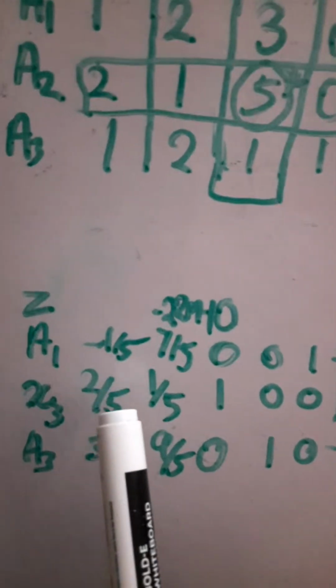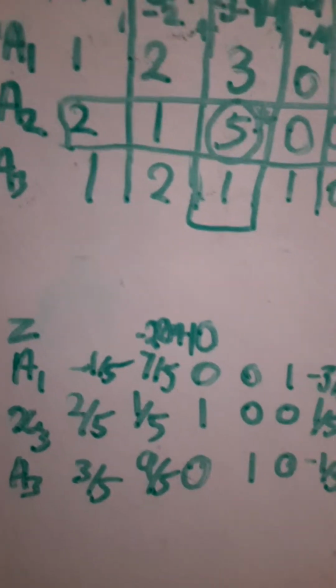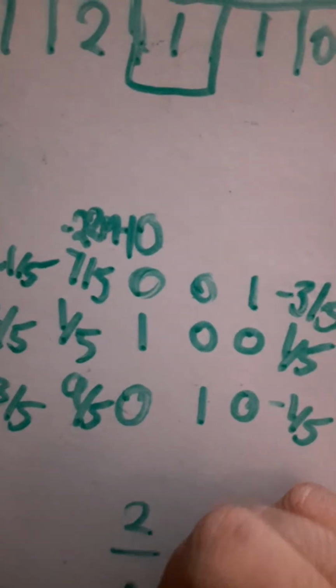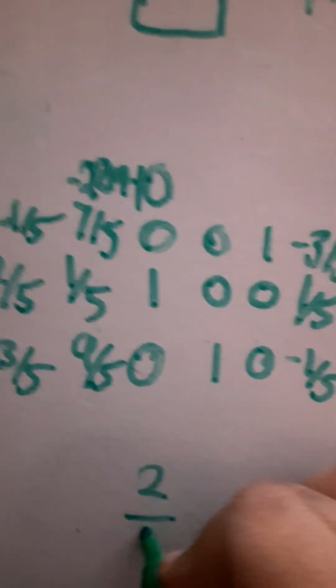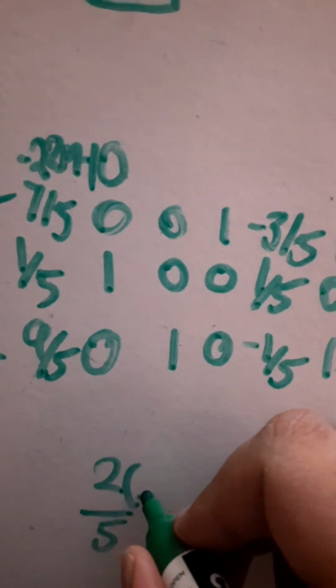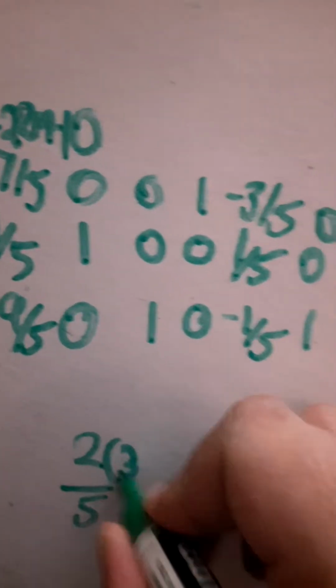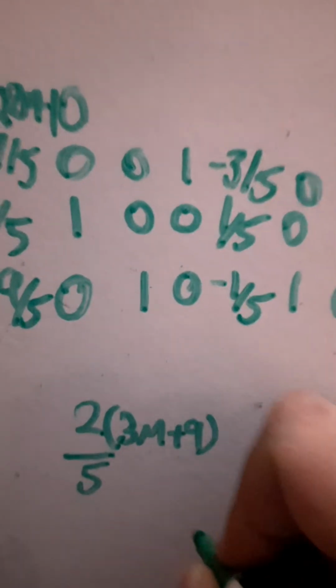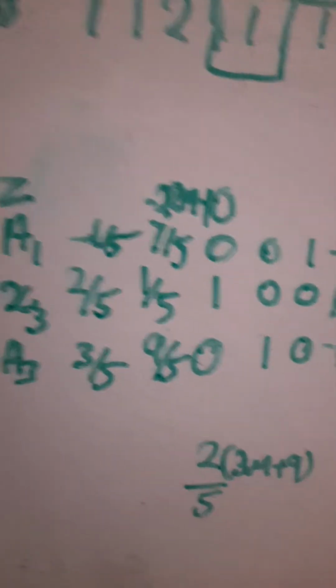And here we have 2 by 5. Wait a second. 2 by 5. The 2 would be multiplied to the whole thing, 3m plus 9, which we took as the factor to make the 0. Okay, 2 by 5. Numerator into denominator.